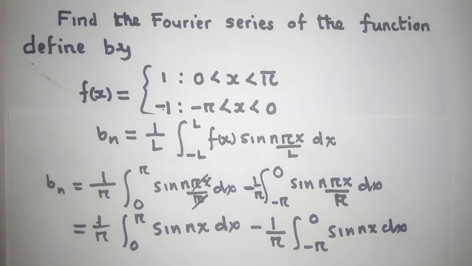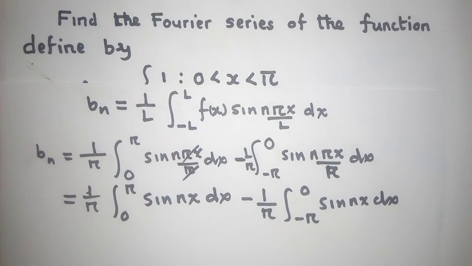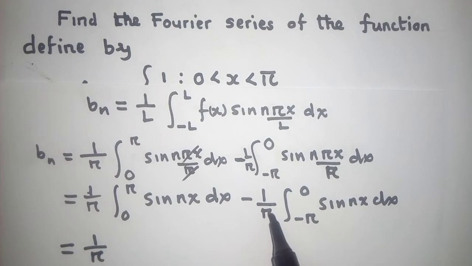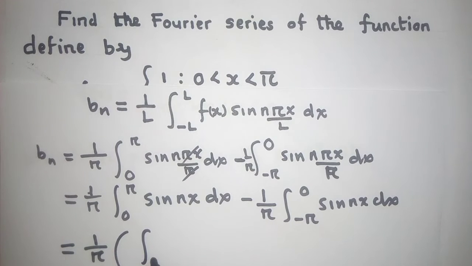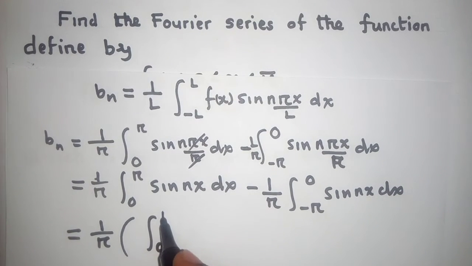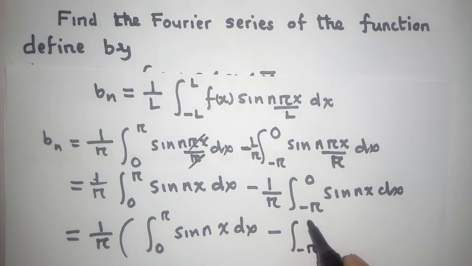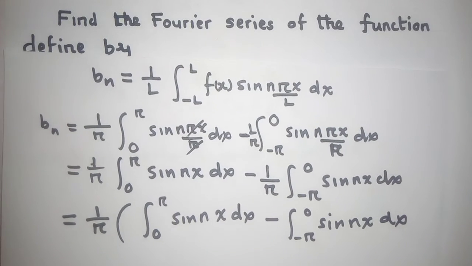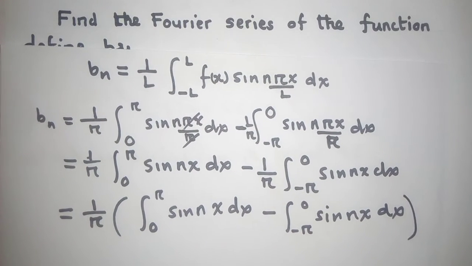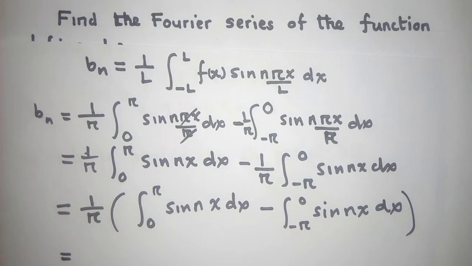Now here we can factor out 1 over pi because it's found here and here, meaning we'll remain with this. Okay, so since we have factored out here, we can integrate here.